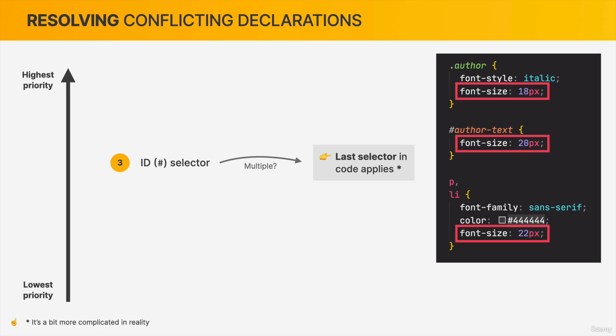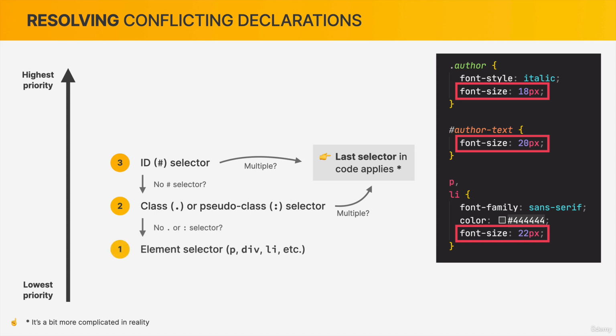All right, but anyway, in case there is no ID selector, then the next in the priority is a class or a pseudo-class selector. And again, if there are multiple of one of those, then it is the last selector of those in the code that gets applied. Then the next is the element selector.